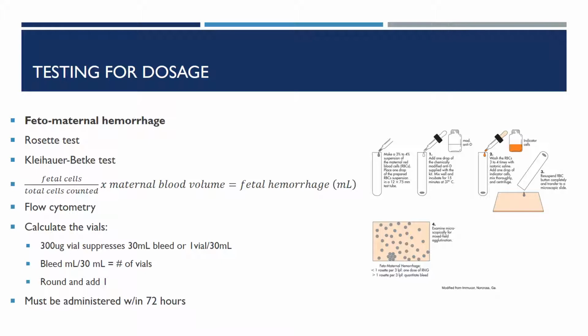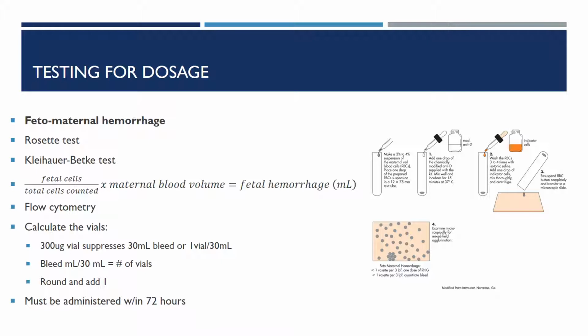The key thing, though, is we always want to be a little bit safe rather than sorry. So if you don't have a whole number, you always round up. Okay, it's not like in math where you learned if you have 0.5 or more you round up. Actually, you do round up if it's over 0.5.